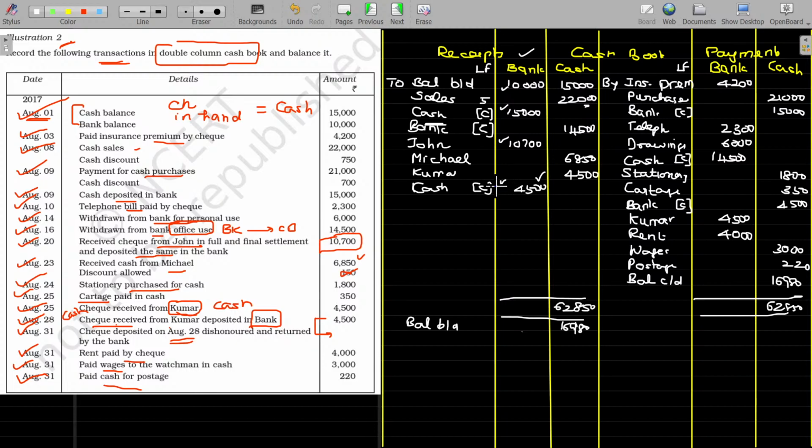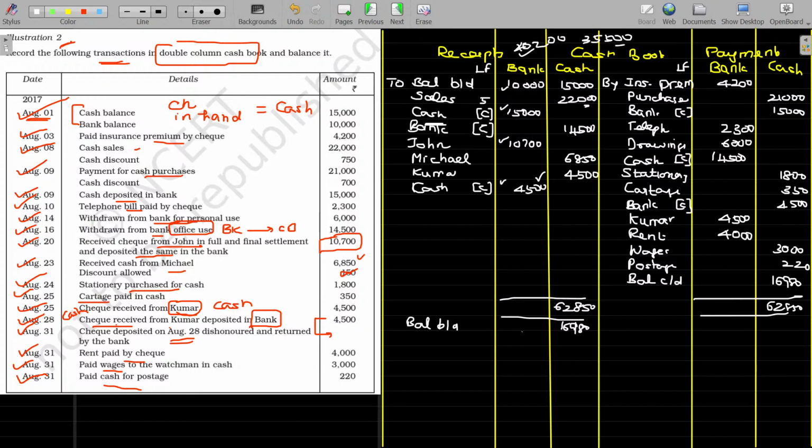Debit side cash column 62,800. Already cash is over. I want the bank column total. 40,200. Which side? Bank side debit, 40,200. Credit side 35,500.